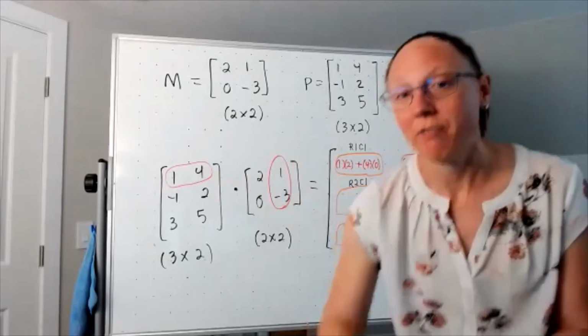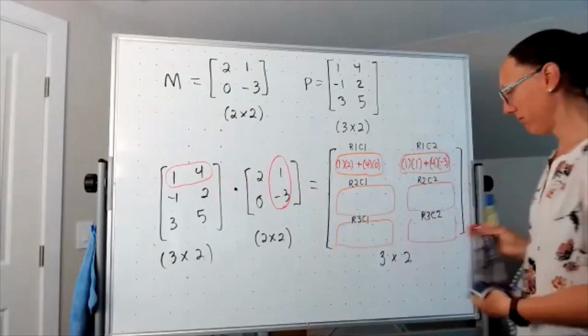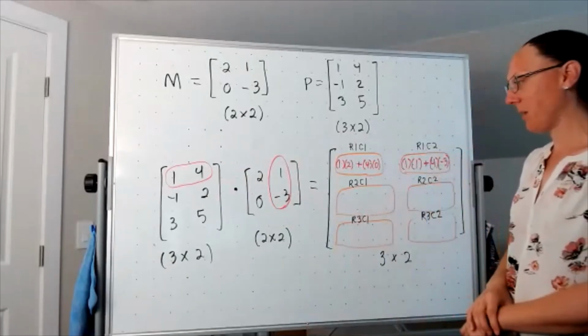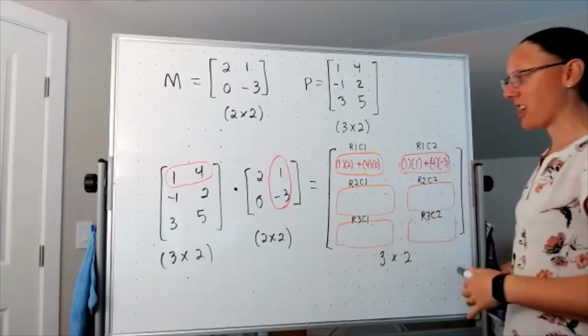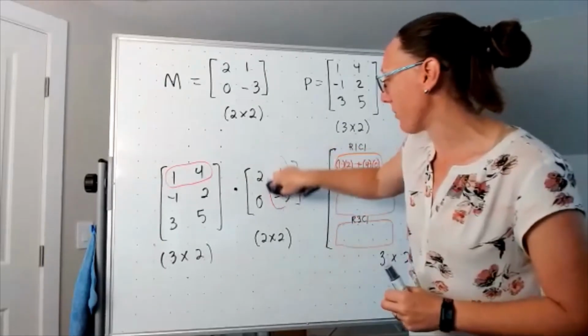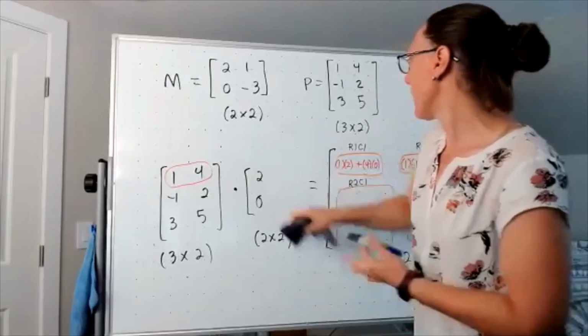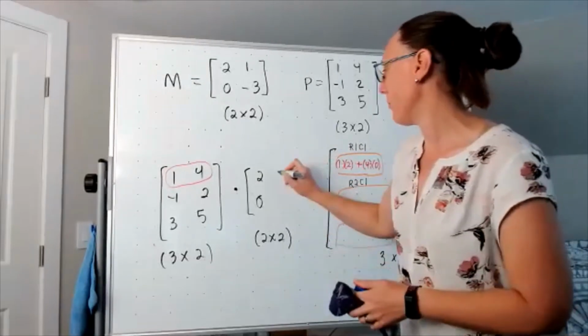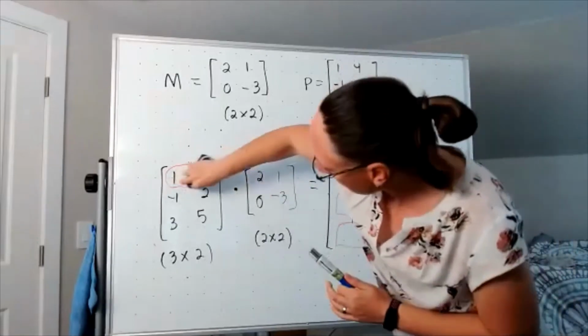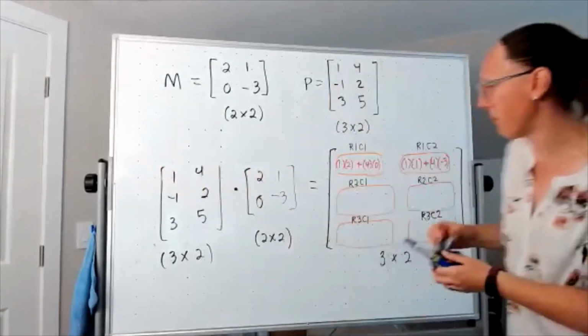And I promise you'll get faster at it after you do 40 of these. But taking your time at the beginning, at least for me, really helps. And I'm going to stop circling things so I don't have to keep erasing them.